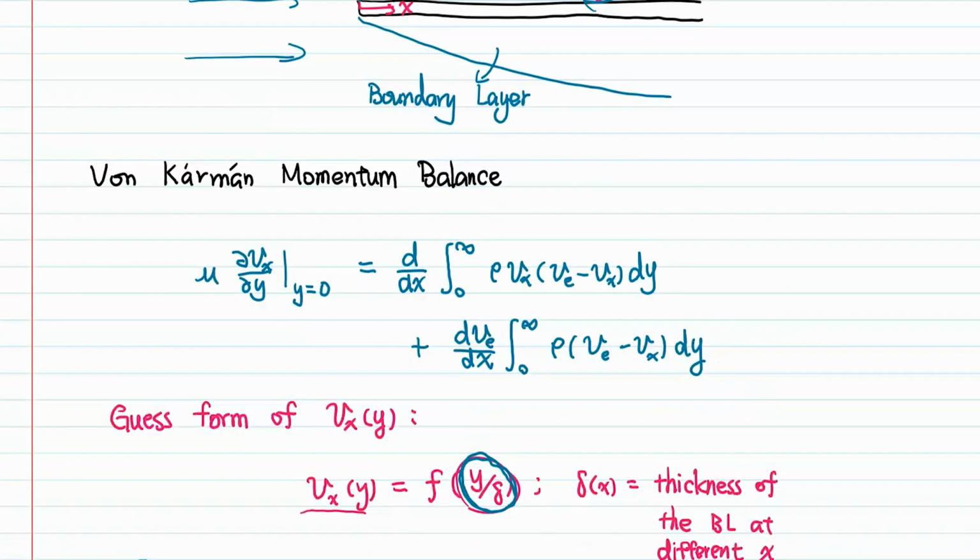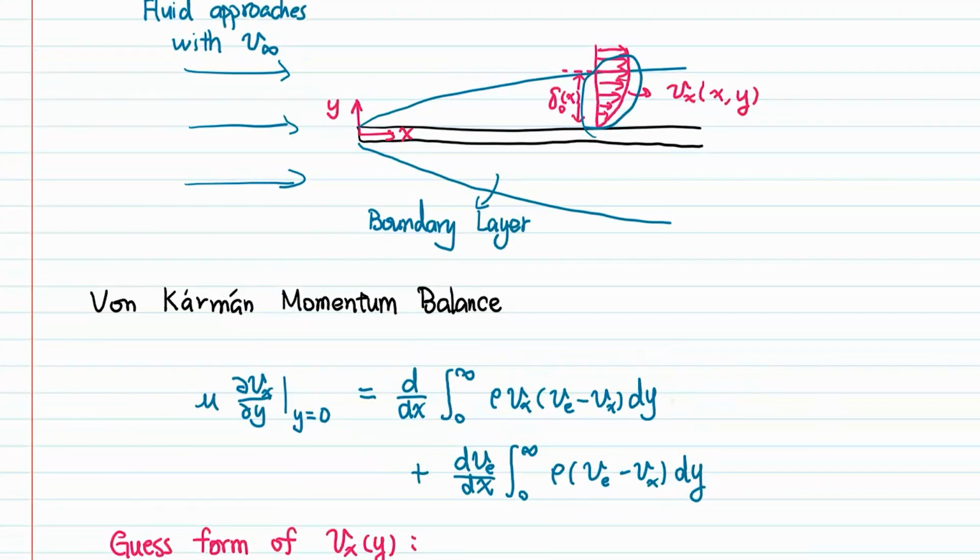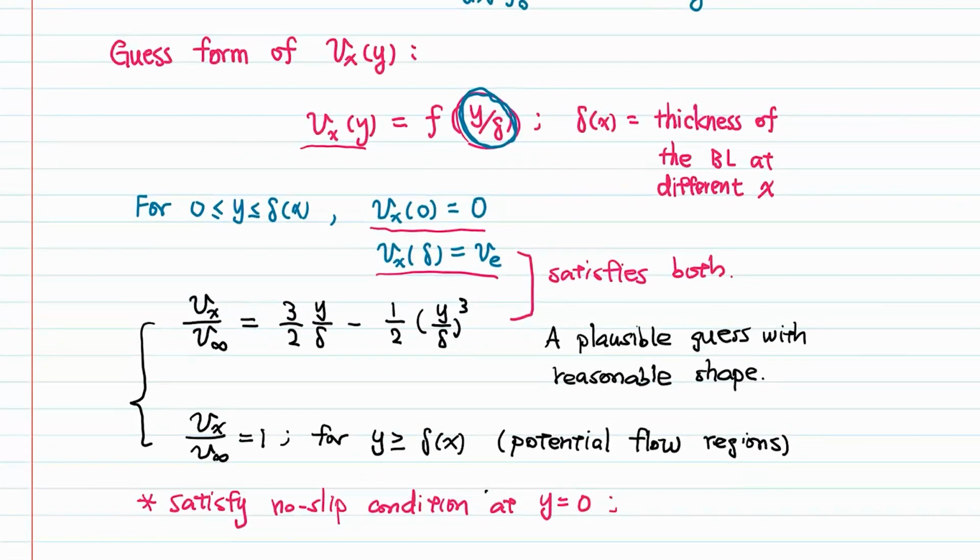Remember that the velocity not only has to equal v infinity at the boundary layer and potential flow interface, but outside the boundary layer you should not have any variation of the velocity with respect to y. That means the slope, or gradient, at the boundary layer should be 0. So the second thing here, importantly, is that partial vx partial y should be 0 at y equals delta.